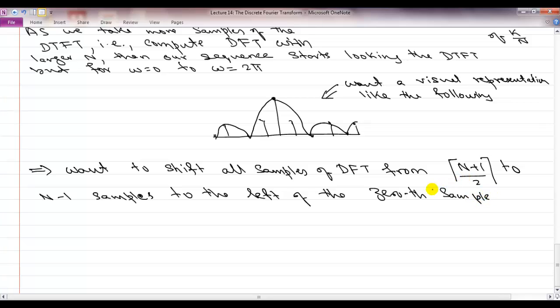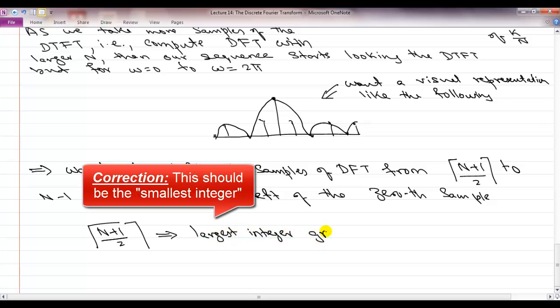Why (N plus 1) divided by 2? Because this is the ceiling operation, right? The ceiling of (N plus 1) divided by 2 is the largest integer greater than or equal to (N plus 1) divided by 2.